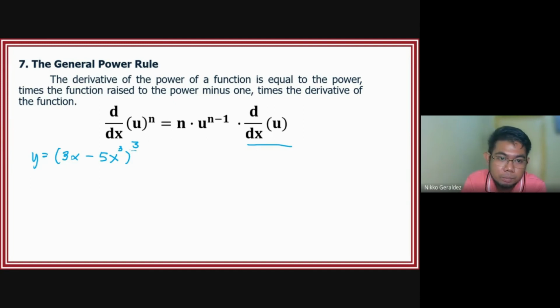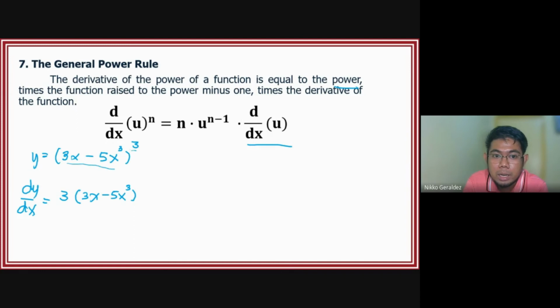So, derivative of y with respect to x is equal to the power. Anong power ng function? 3 po. So, power times the function. Kokopyahin mo lang yung base. So, that is 3 times 3x minus 5x cubed raised to power minus 1.